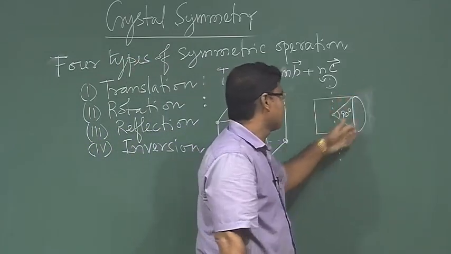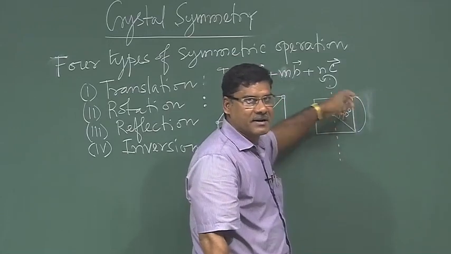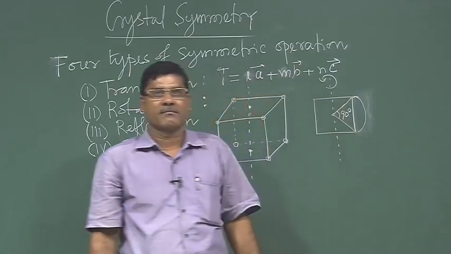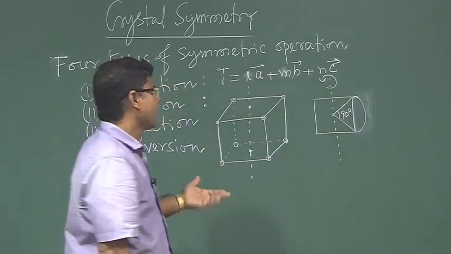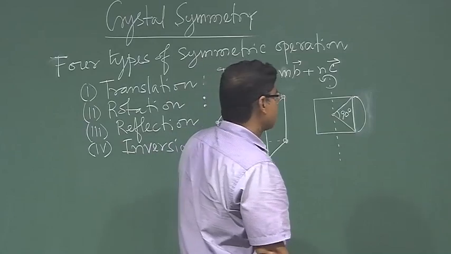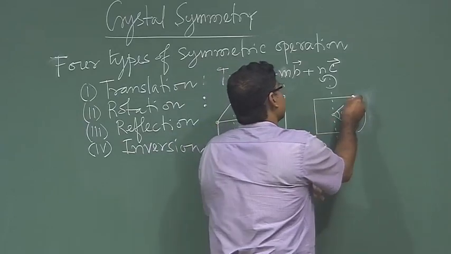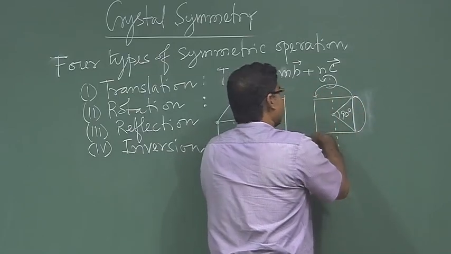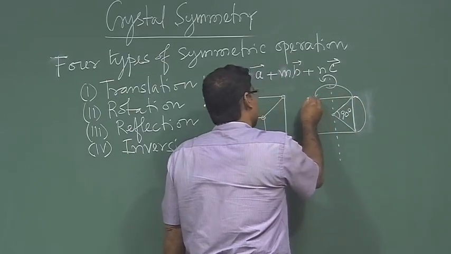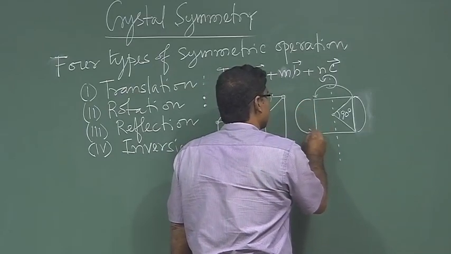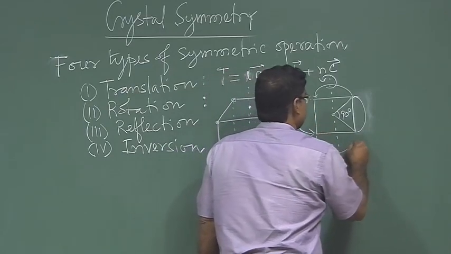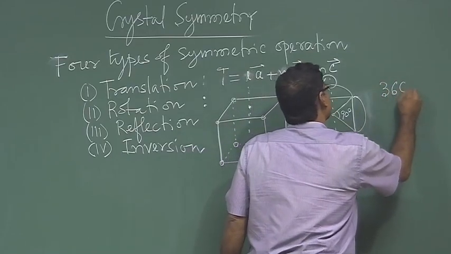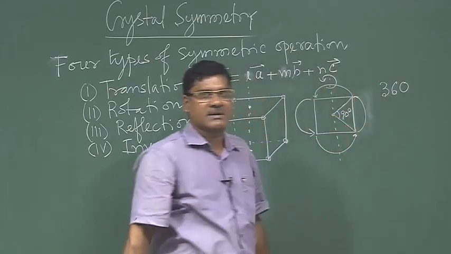After 90 degree rotation with respect to this axis, you will have the same configuration. So, one cannot distinguish. Similarly, after another 90 degrees it will again come to the same configuration, then another 90 degrees, then another 90 degrees. So, 360 degrees, a complete rotation.